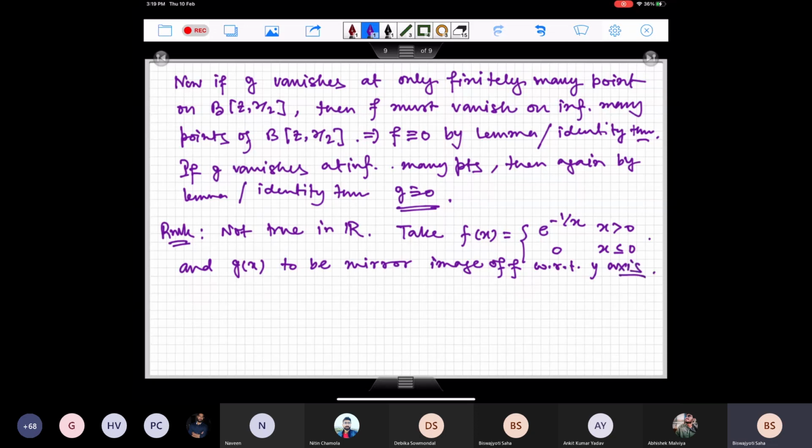So if you take these two functions, these are C infinity functions, and clearly if you take the mirror image, one function is identically 0 on the negative x-axis, and the other one is identically 0 on the positive x-axis. So their product is identically 0, but none of the functions are identically 0, even though these are C infinity functions.